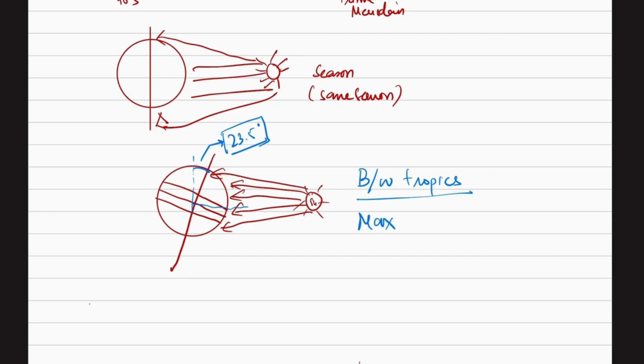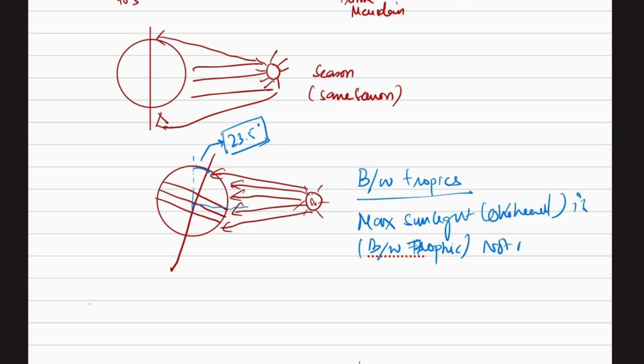So the maximum sunlight overhead is always between the tropics, not beyond it.